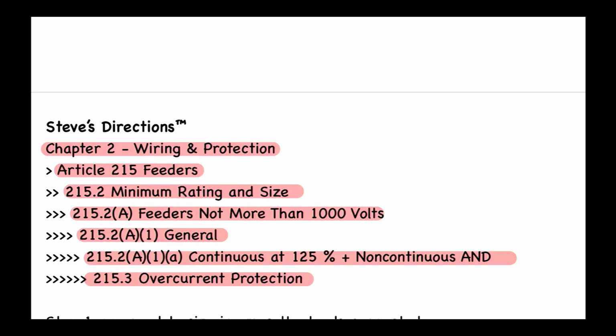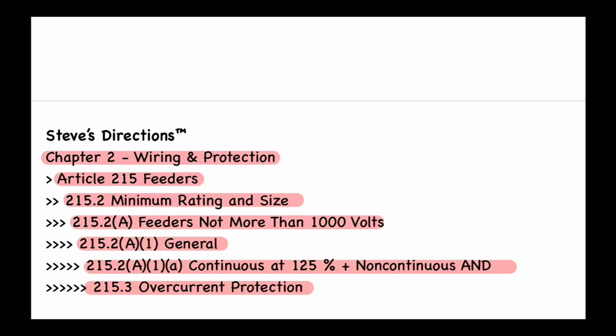When you see that, you take your continuous load and multiply it by 125%. Then if there's any load on that feeder that's not continuous, you just take it at 100%. I'll make a real easy example.